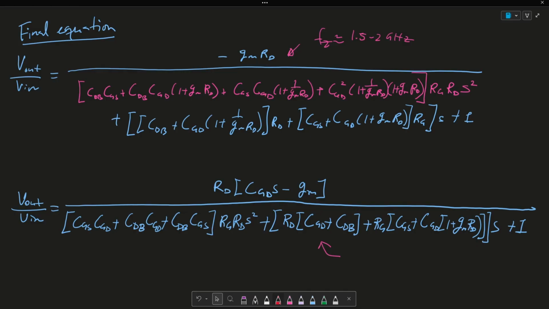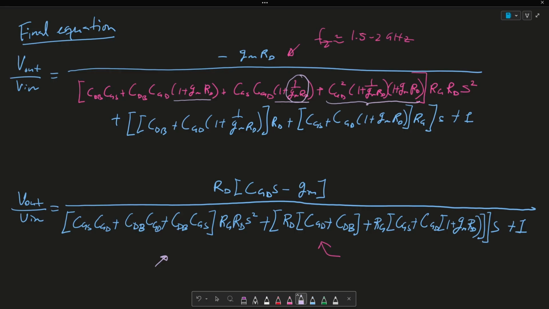Another term that is missing in the final solution versus the approximation is this term here, which can be approximated to just being 1 because this is very close to 0. And then we're also missing this term here in the final solution. But again, since CGD is normally very small, in the picofarad range, this is also a very small value.